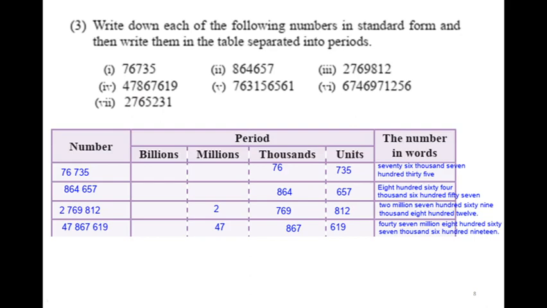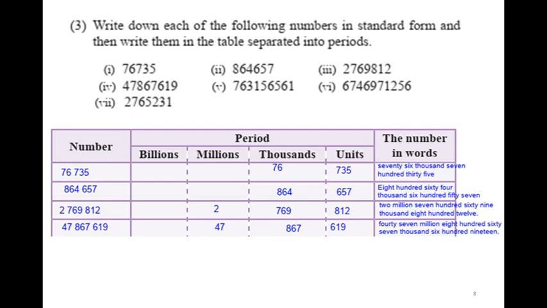Now look at the third one. Write down each of the following numbers in standard form and then write them in the table separated into periods. So writing in standard form is easy. It's not difficult. What you have to do is start from the rightmost and group three digits into one group and another three digits.